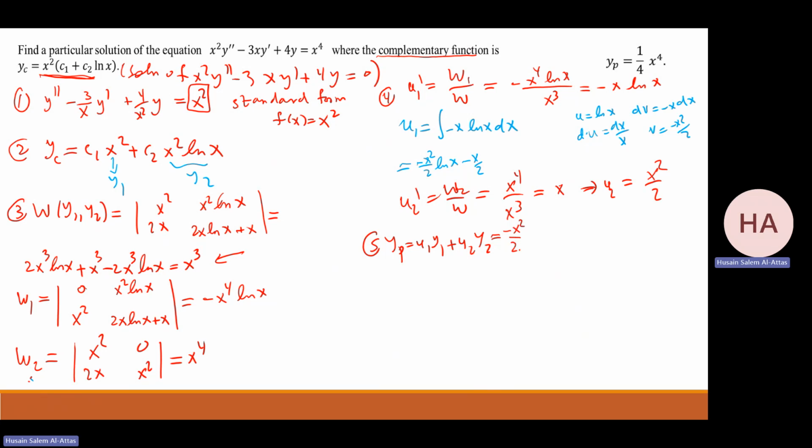Minus x squared over 2 ln x minus x over 2, times y1, what is y1? X squared. Plus u2, which is x squared over 2, times y2, which is x squared ln x. That will be, I have minus half x to the power 4 ln x.